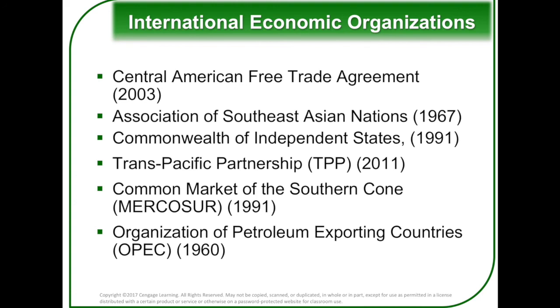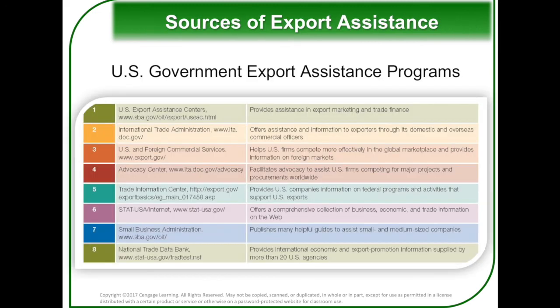And in 1991, Common Market of the Southern Cone. Finally, the Organization of Petroleum Exporting Countries, otherwise known as OPEC. Now that's mostly to do with, of course, oil, and that was put together in 1960, still in existence, still quite powerful, but not near the power it had 20 or 30 years ago.